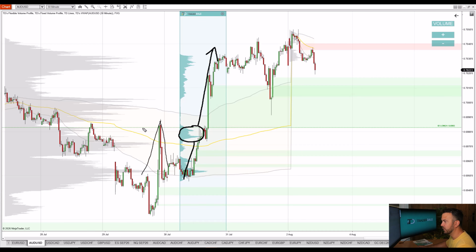So this was probably a strong resistance in the past, and the buyers were pushing through it. That's why we have those volumes here.